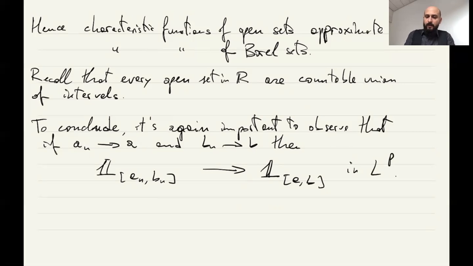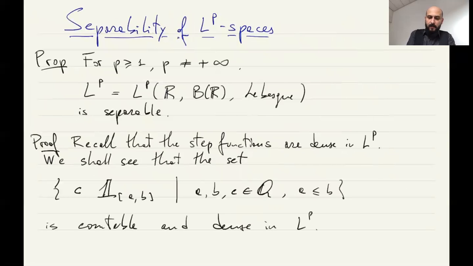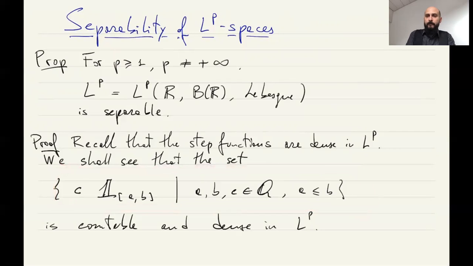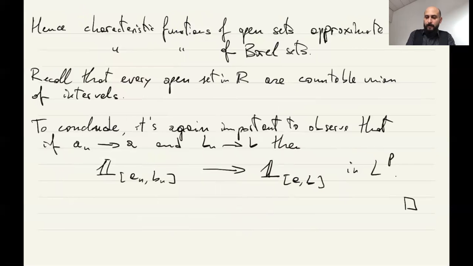And therefore, the family that we were proposing is dense in LP. Okay, the proof is complete.